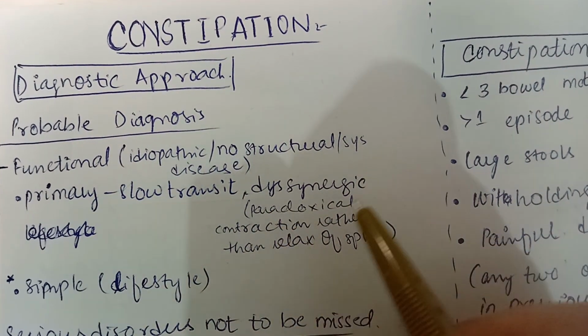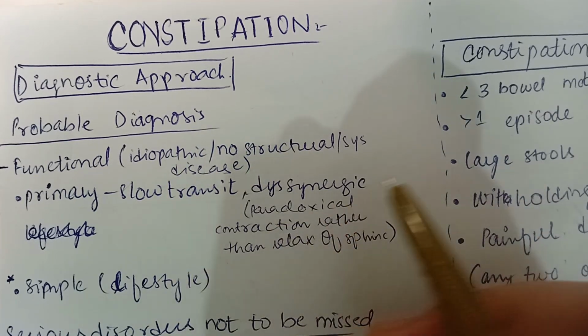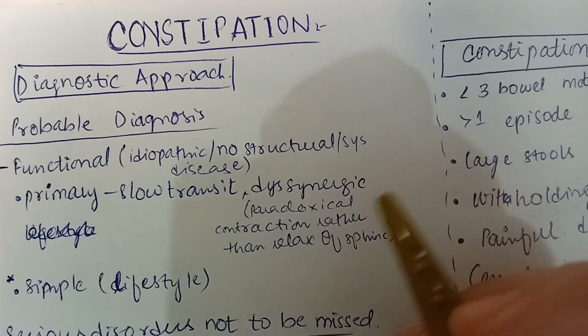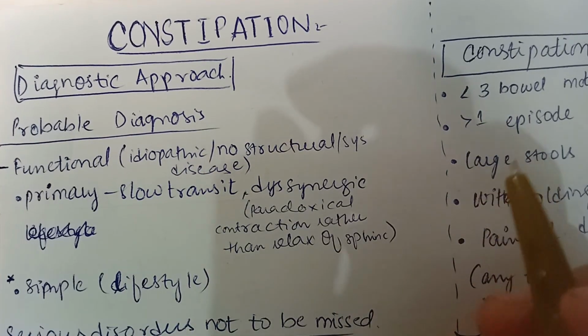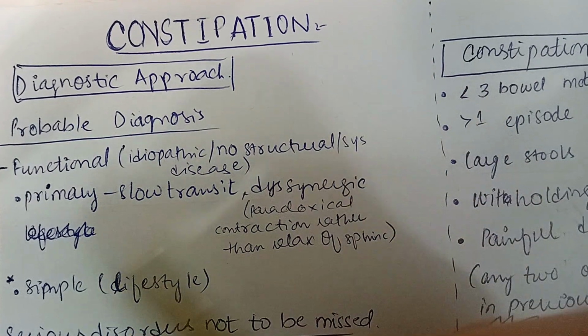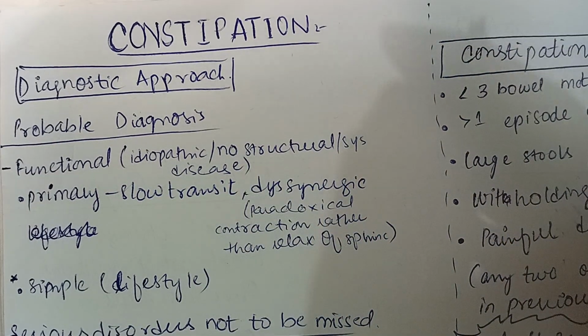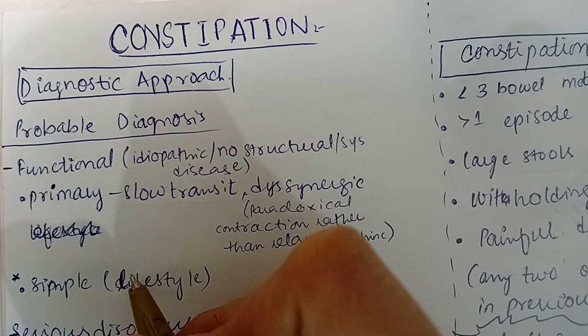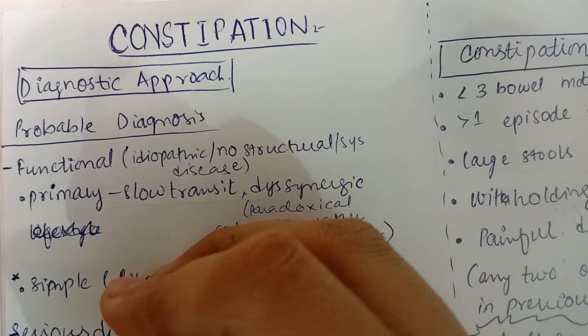Then we have the dysynergic constipation. It is a paradoxical contraction rather than relaxation of the sphincter during the defecation. Then we have the simple constipation, which is usually due to the lifestyle, lack of fiber, increased processed foods, lack of vegetables and fruits.